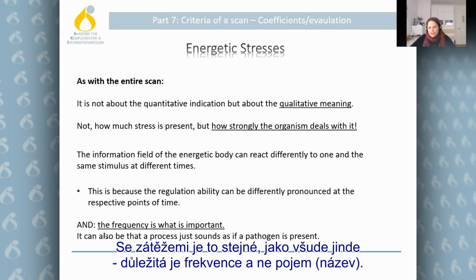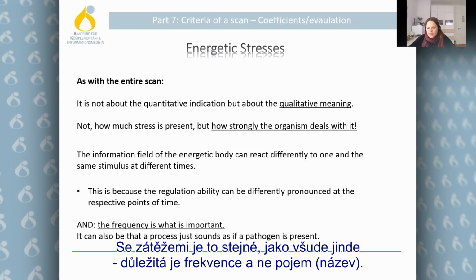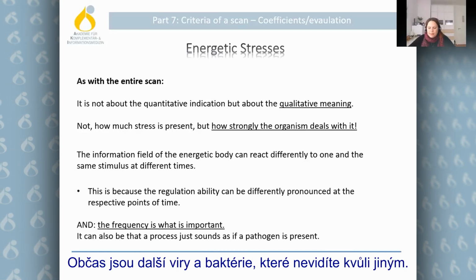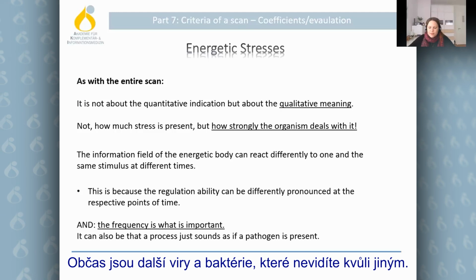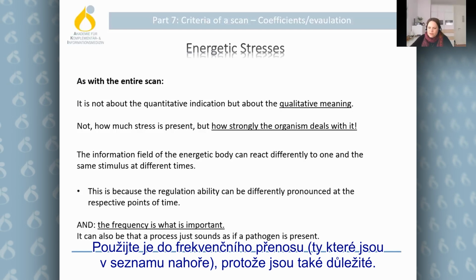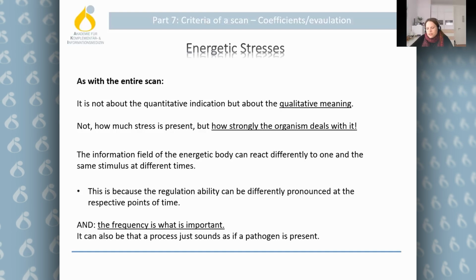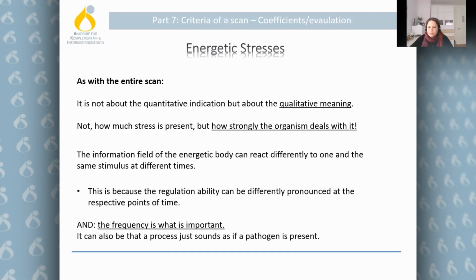With the stressors, it's the same as we had before with the terms. The frequency is what is important. Sometimes you have other viruses and bacteria you want to see, and they're showing others. So please, you can use the ones listed at the top for the frequency transfer, because they are important too.